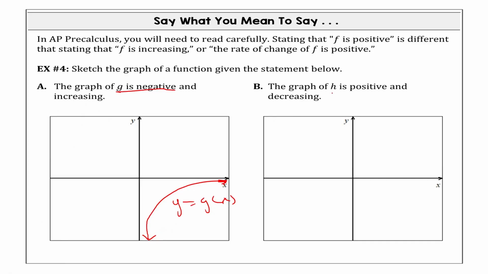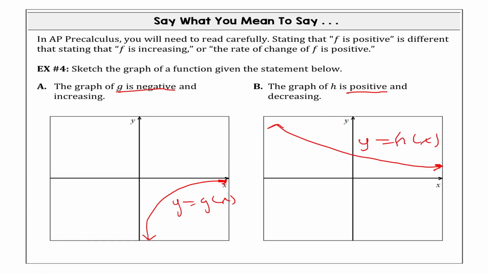Okay. What about if I asked you to draw h is positive and decreasing? Well, h being positive means that it has to be above the x-axis, and decreasing means as I read it from left to right, it is going down. So as long as it's above the x-axis, then bam, I followed the rules.